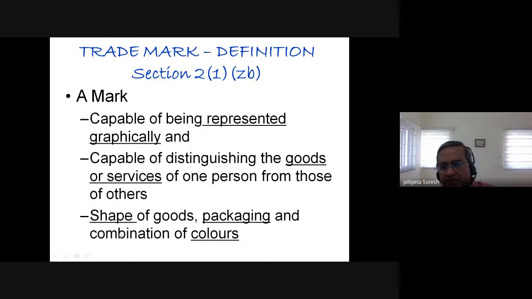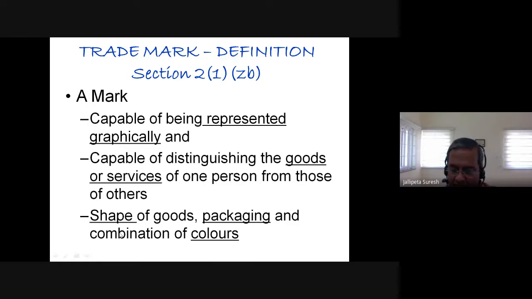So if you look at the definition of the mark, it says a mark should be represented graphically, and it should distinguish the goods. Shape and packaging and combination of colors are also allowed to be registered here. The point I want to emphasize here is that Indian law requires something called capable of being represented graphically.